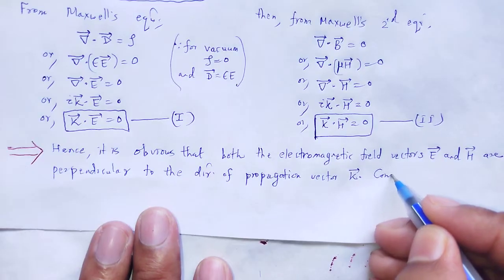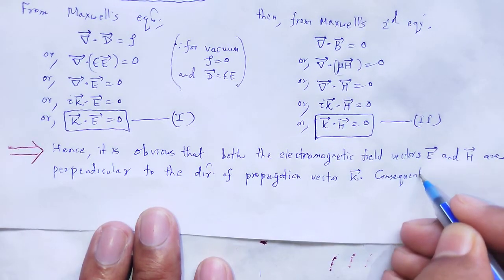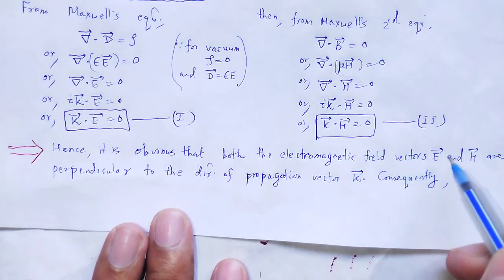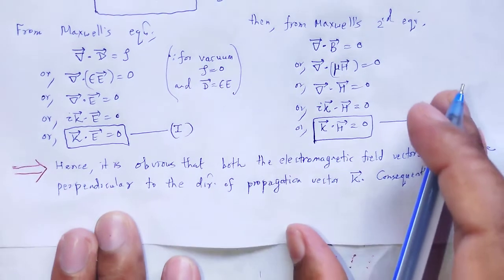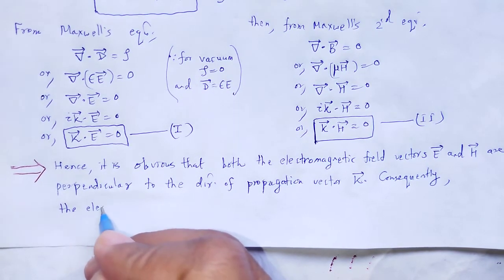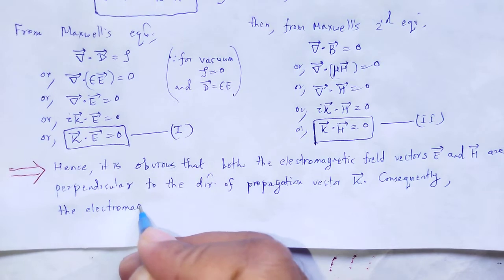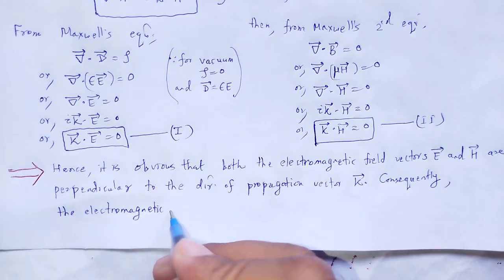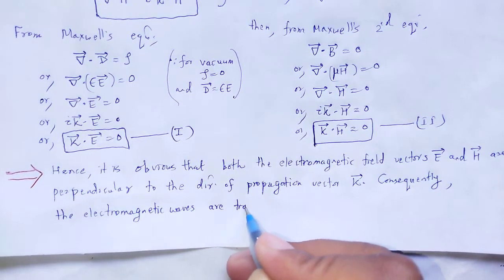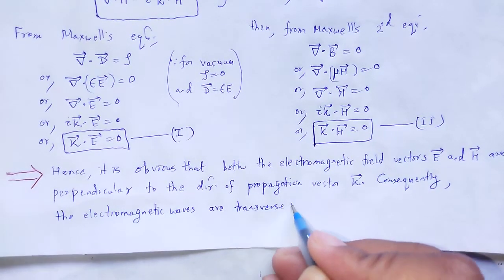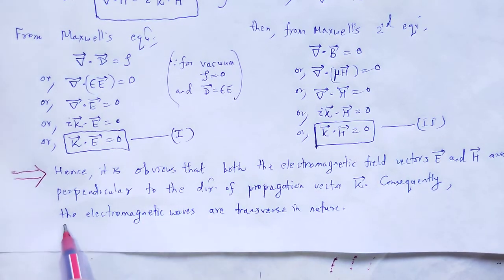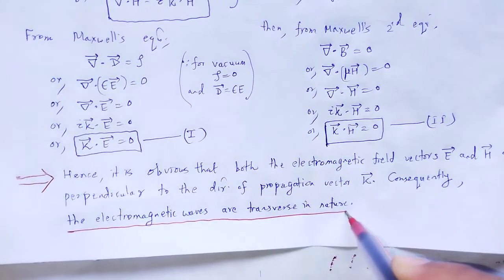Consequently, we can say the electromagnetic field vectors E vector and H vector are nothing but electromagnetic waves. Consequently, the electromagnetic waves are transverse in nature.